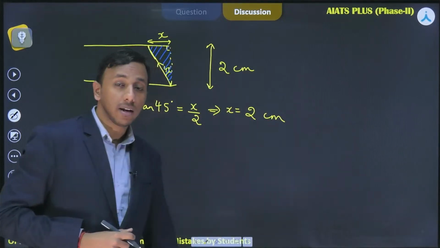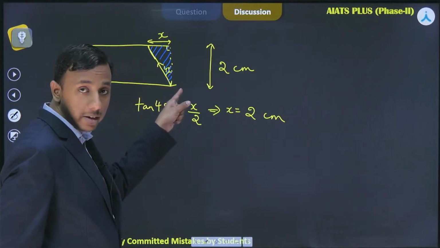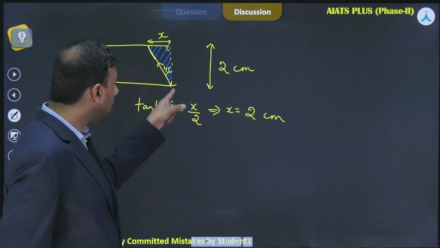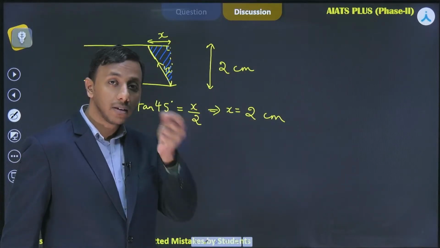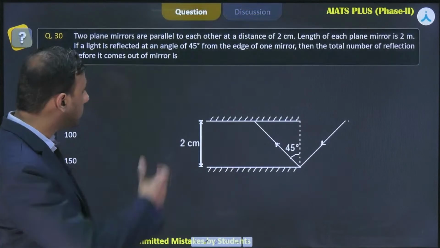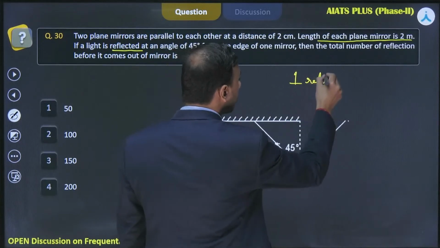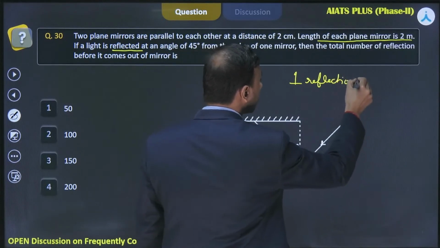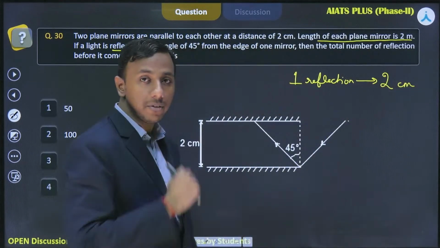That means after one reflection, it travels 2 centimeter before it gets reflected the second time.